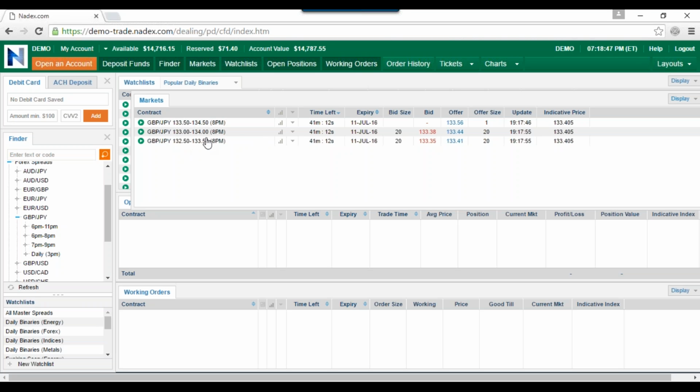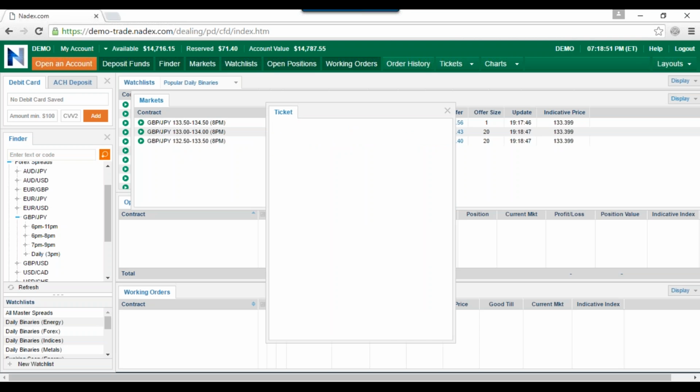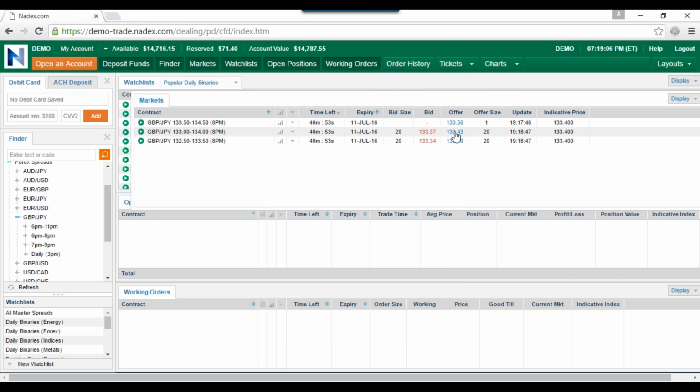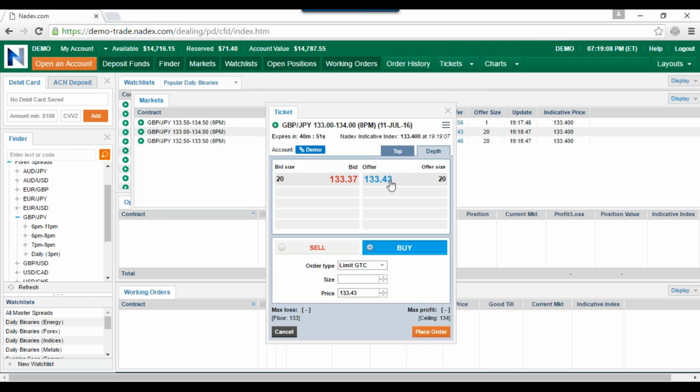So sometimes you'll be like, okay, well, that's what I never understood, because if I want to buy this one and I just click buy and I say I want to buy 1. Well, look, max loss $6, max profit 94. Sweet. I only have to put up $6. I like that. Okay, well, what about this next spread? If I want to buy this one, oh wait, now I got to put up $43.